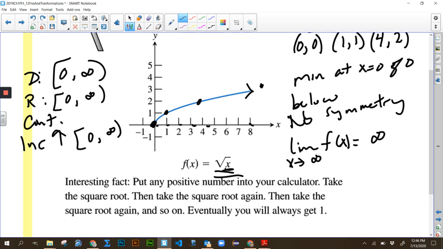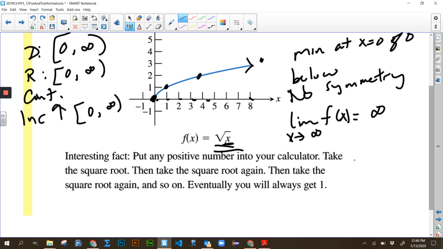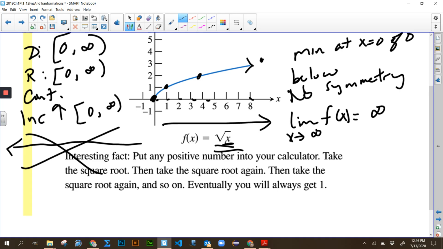So infinity. Now, here's a weird thing. There is no other end behavior. There's only one end to the graph, the one that's going out in this direction. If you try to look at what's the end behavior over here, it never goes out in that direction. It just stops. So in this scenario, there's only one end behavior.